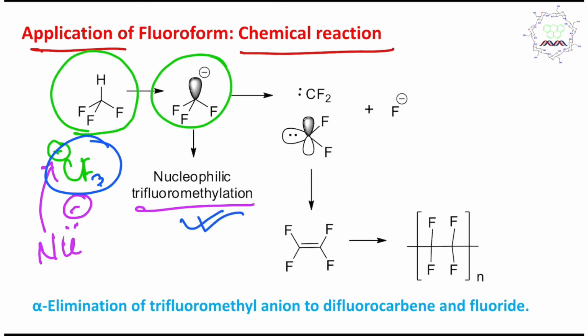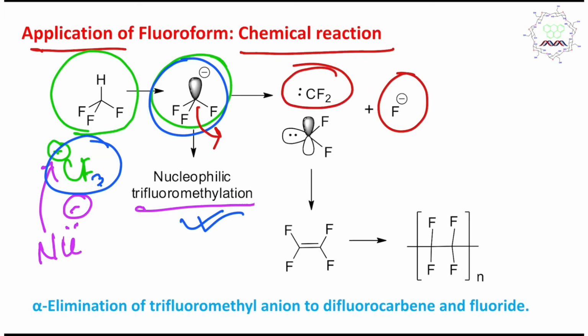Not only that, student, this CF3 minus anion can eliminate one fluoride ion, F minus, and produce difluorocarbene or CF2. I've already discussed this in a dedicated lecture, you may visit. So this difluorocarbene is nothing but a singlet carbene. Why?